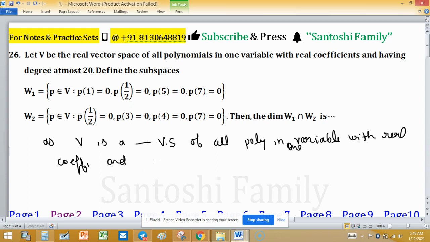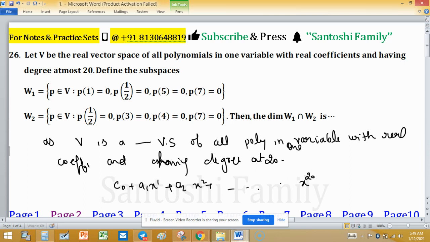Having degree at most 20 means that for a polynomial, suppose this is c0 plus a1 x plus a2 x squared, the highest degree term will be x raised to the power 20.